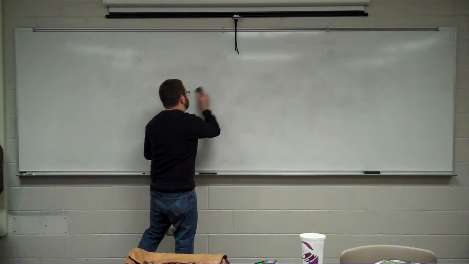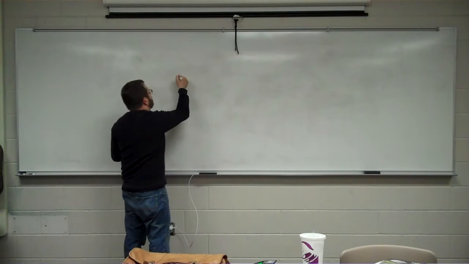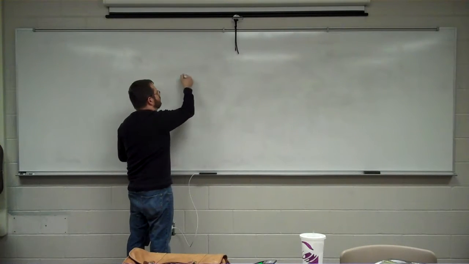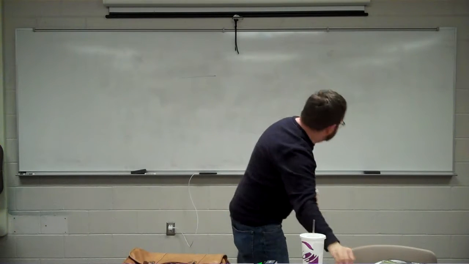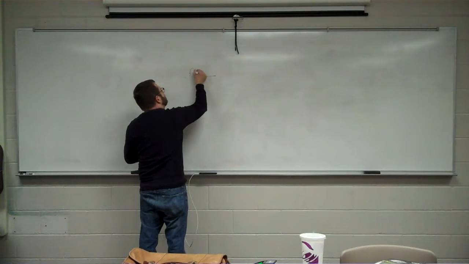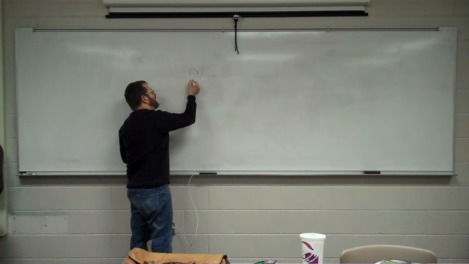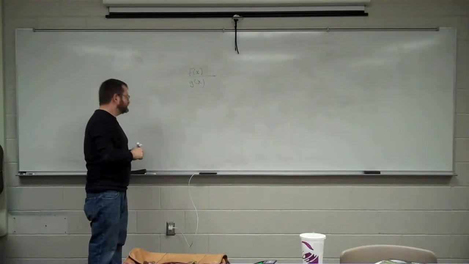L'Hôpital's rule is a nifty little rule that comes into play whenever we're talking about a ratio. If you've got some kind of ratio, you could write the numerator as some kind of f of x, and the denominator as some kind of g of x.